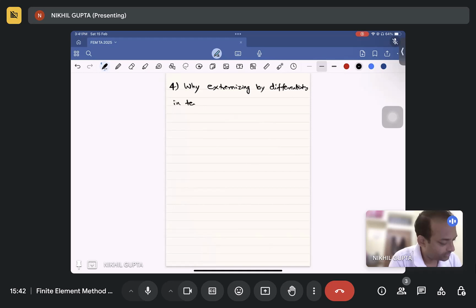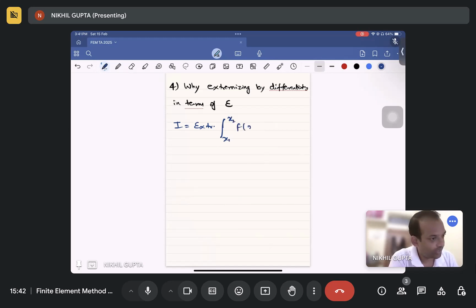Okay, so we have seen what problem we are solving. We are extremizing the integral from x1 to x2 of f(x, y, y') dx.